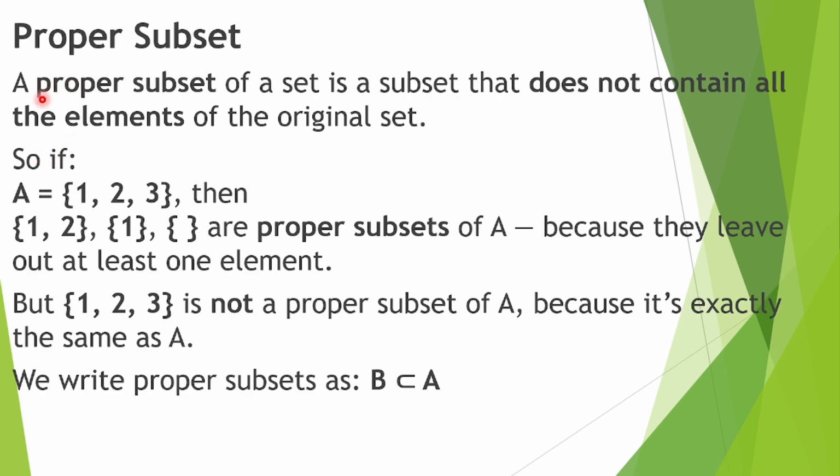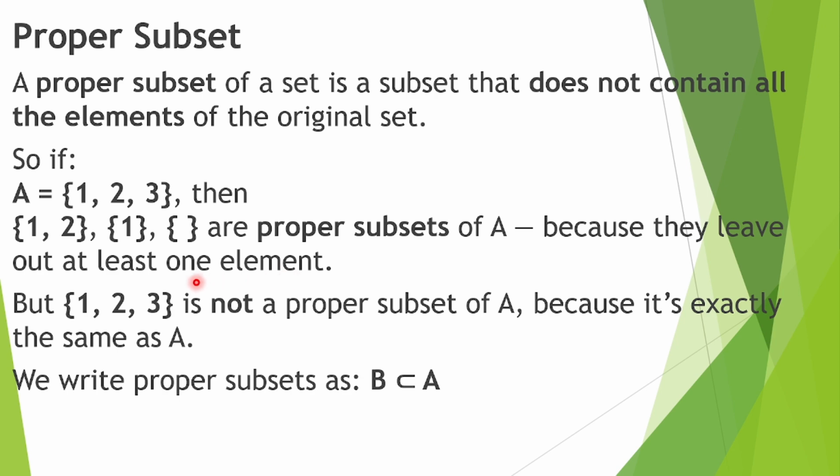Proper subset. A proper subset of a set is a subset that does not contain all the elements of the original set. So if A = {1, 2, 3}, then {1, 2}, {1} and the empty set are proper subsets of A because they leave out at least one element.